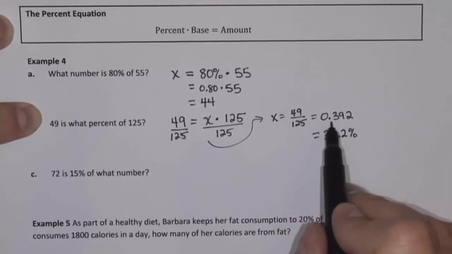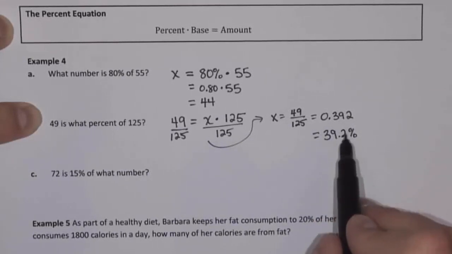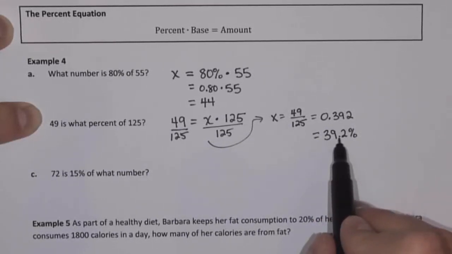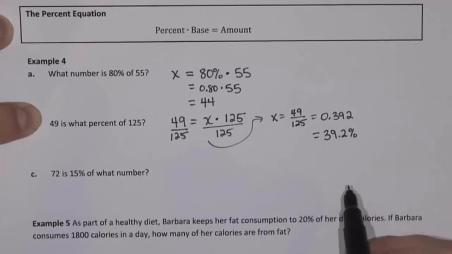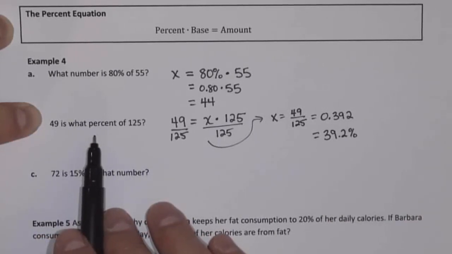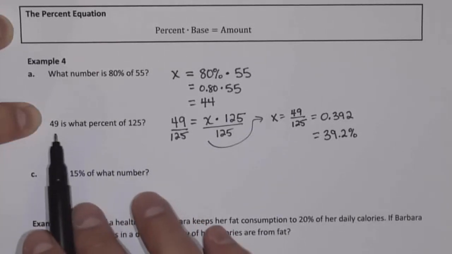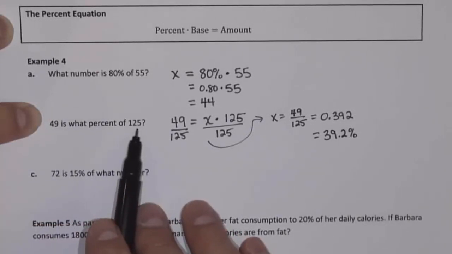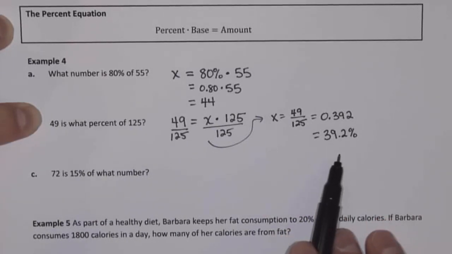If I multiply 0.392 times 100%, the decimal point moves 2 places to the right, putting the decimal point between the 9 and the 2, and then we add the percent sign. So 49 is 39.2% of 125. Again, 49 out of 125 is equivalent to 39.2 out of 100.